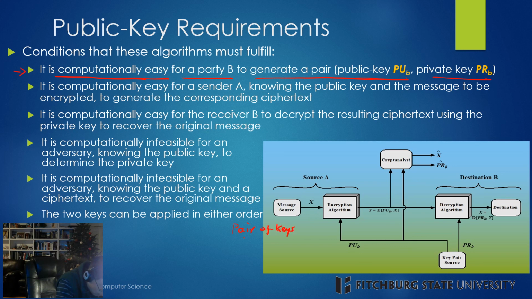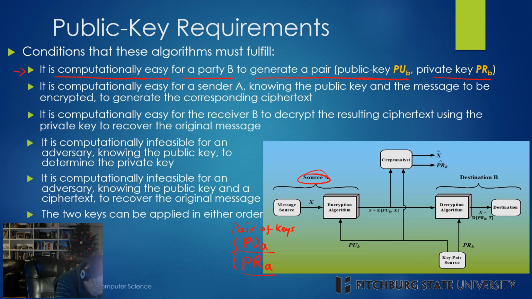One is PU of A, and the other one is PR of A. Now these two keys are related, but one should be made public, the other one is kept secret. And they should be easy to create.